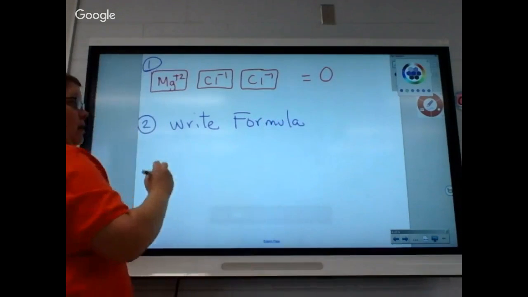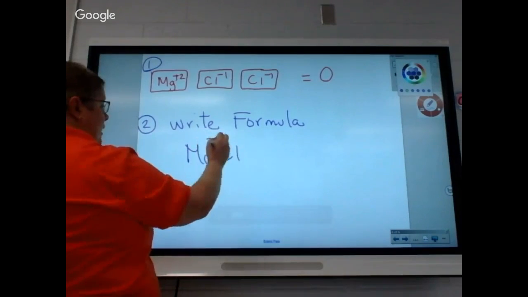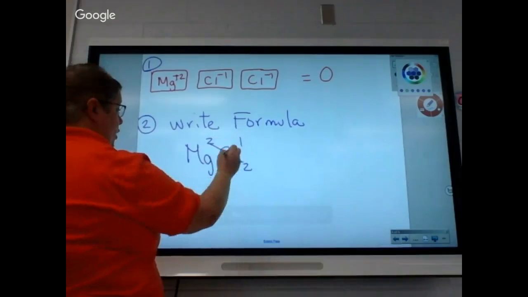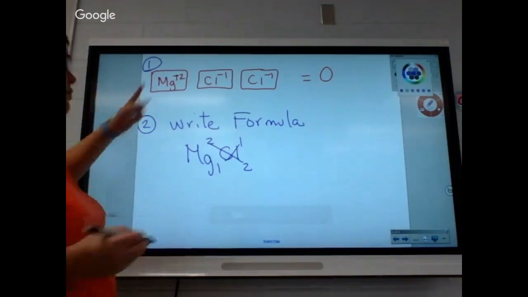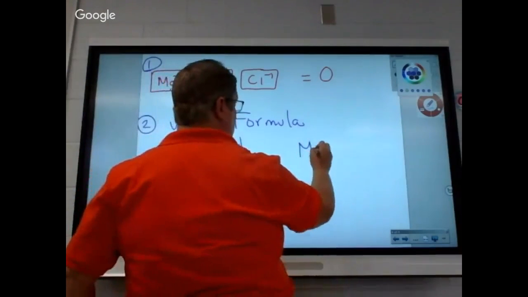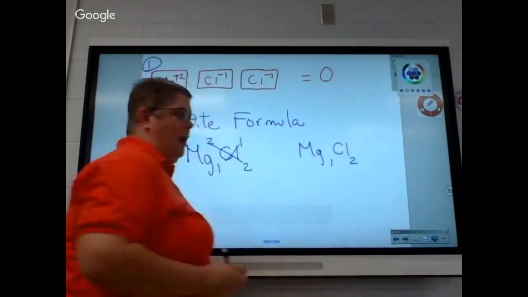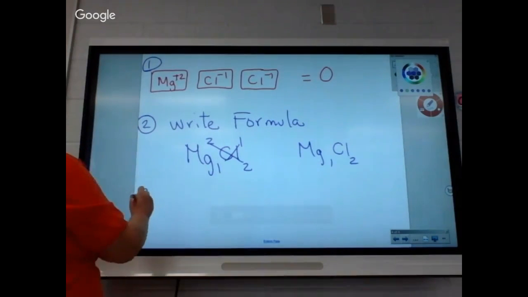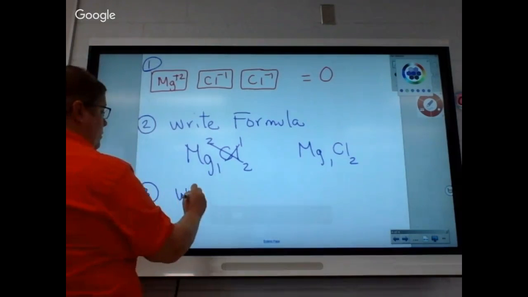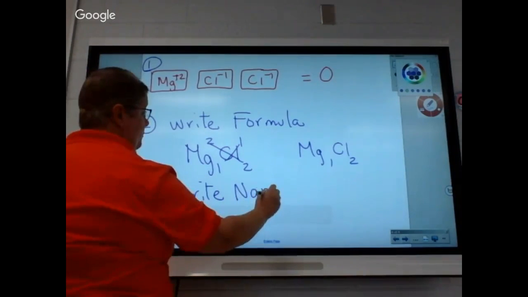You can crisscross, so you can do the whole 2 Cl and bring your 2 and your 1 down like we've been doing. Or you can count and say, I glued down 1 Mg and I glued down 2 chlorines. I don't care which way you do it as long as you get the formula. And then number 3, you're going to write the name.